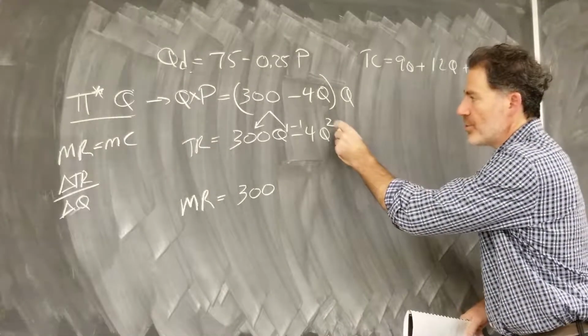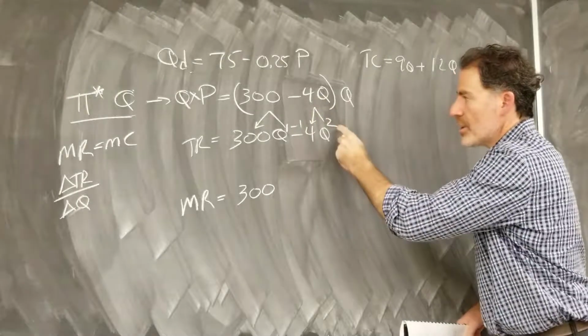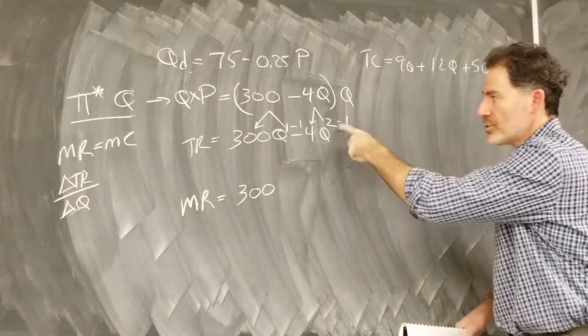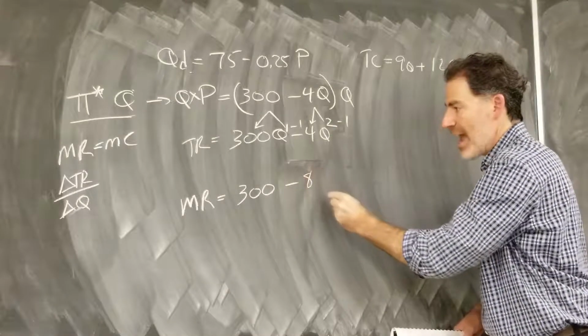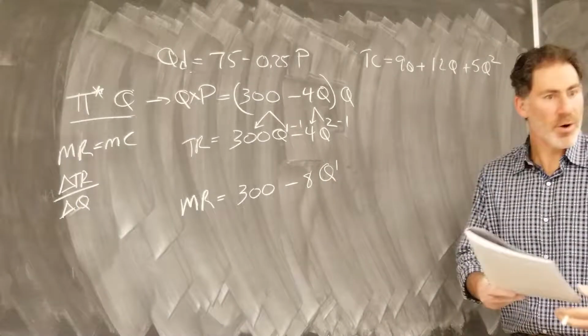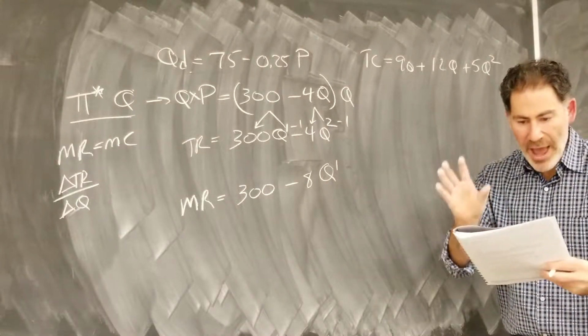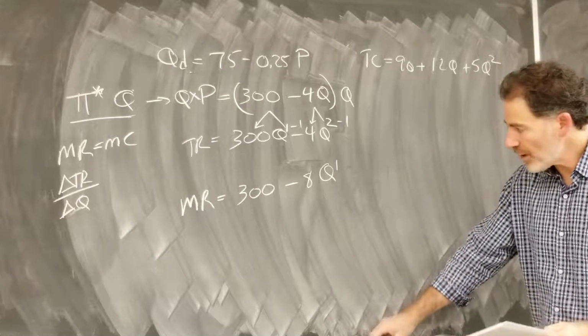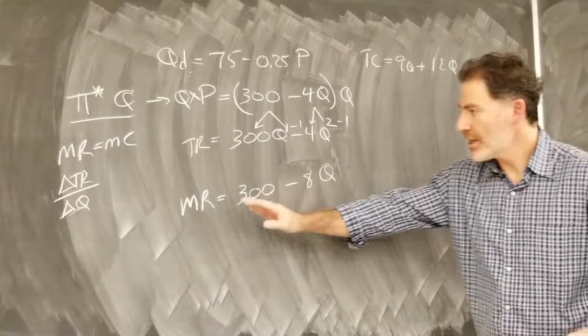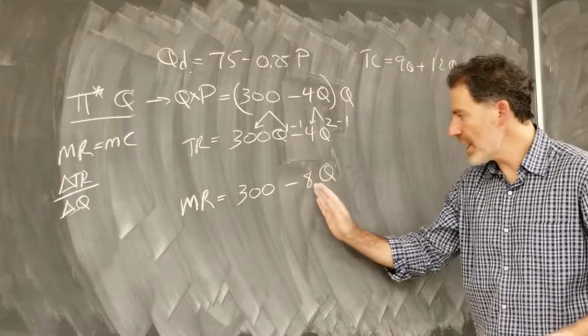This is 2 times 4, so Q to the exponent 2 minus 1. So 2 times 4, that's minus 8. And Q to the exponent 2 minus 1, well, that's Q to the exponent 1. So now we have our marginal revenue. Nobody writes the exponent 1, there it is. Our marginal revenue is 300 minus 8Q.